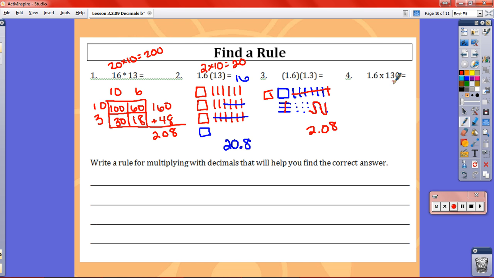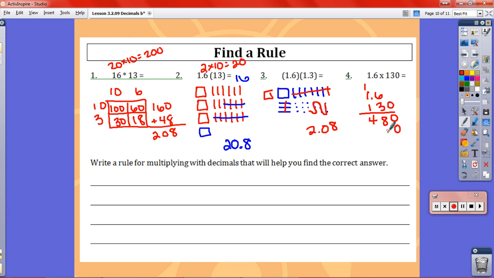And it is, I'm just going to go ahead and do 1 and 6 tenths times 130. Three times 6 is 18.